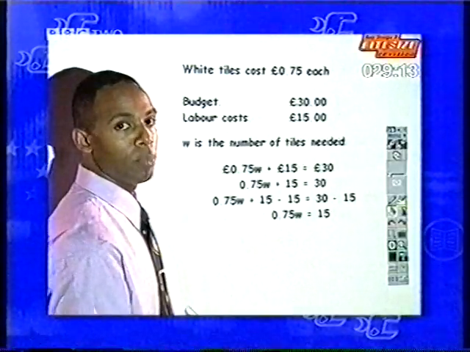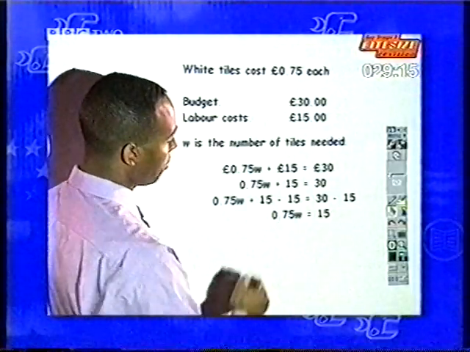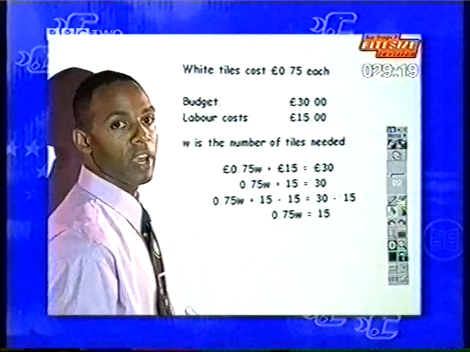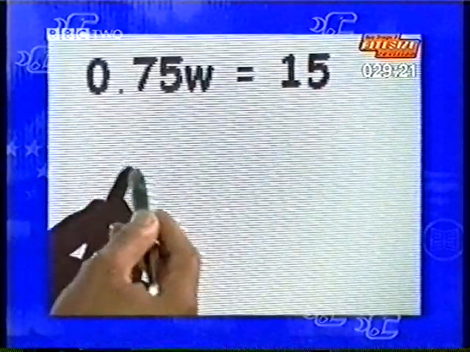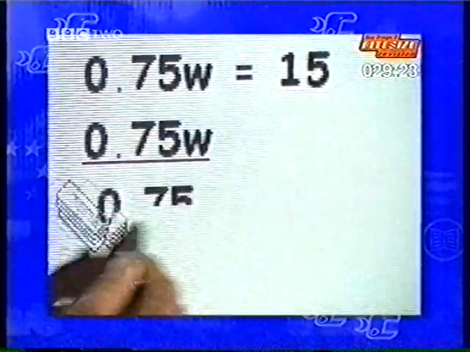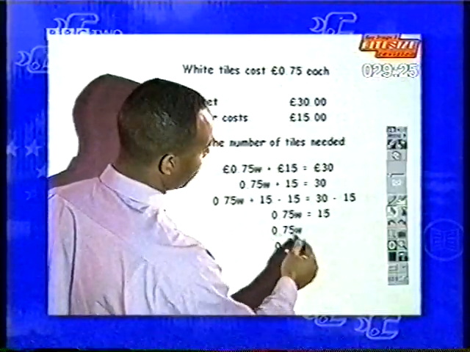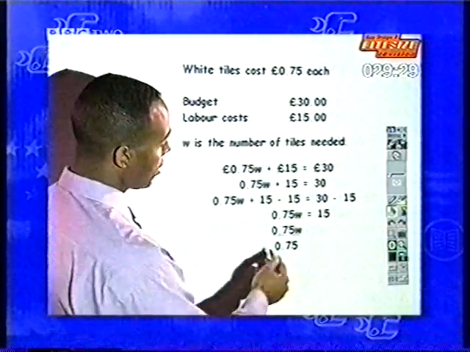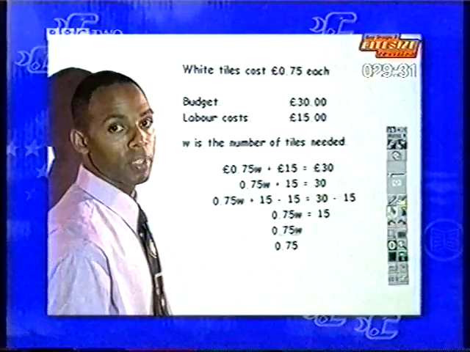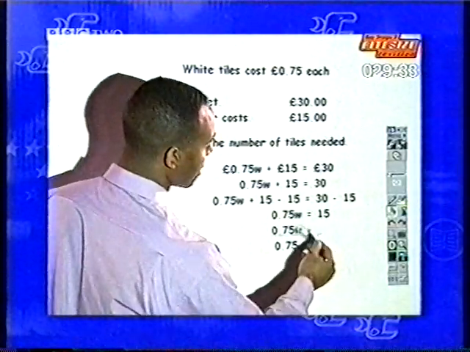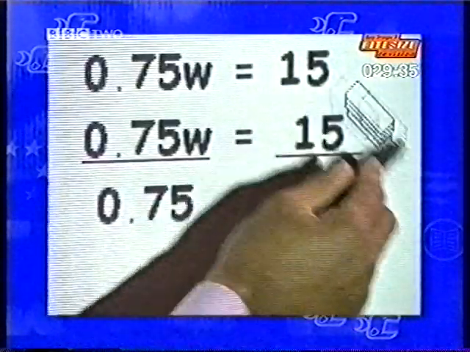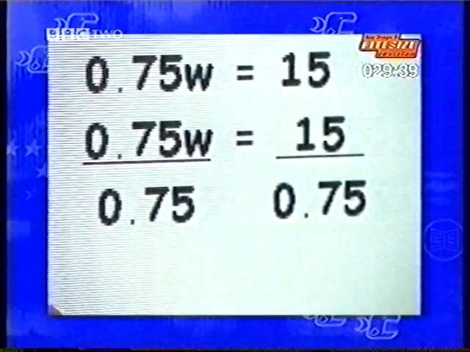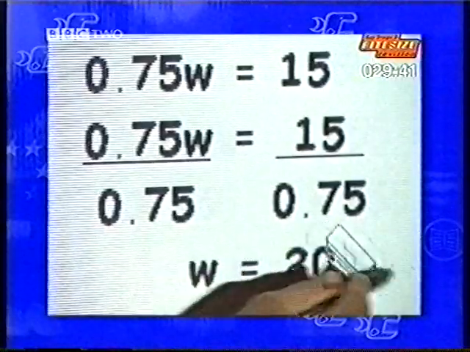To get W on its own, it's multiplied by 0.75, so if we divide by 0.75, we'll have W, because a number divided by itself gives 1, in this case 1W, or just W. Doing the same on the right-hand side of the equation, 15 divided by 0.75, gives us W equals 20.